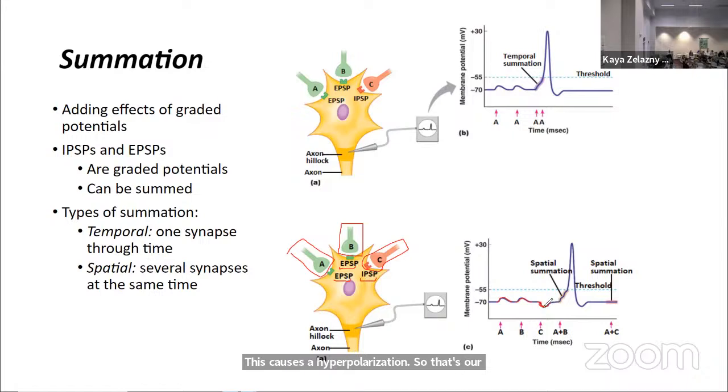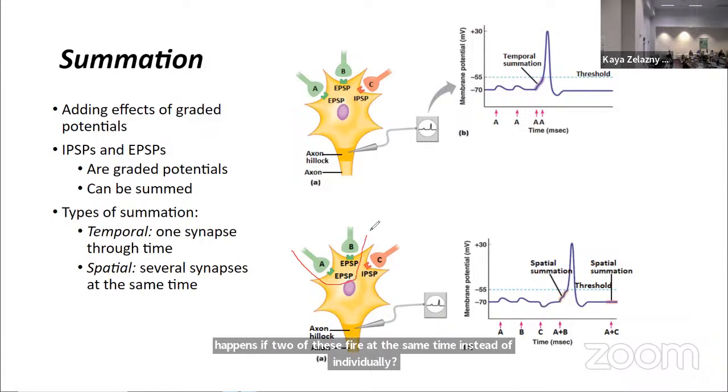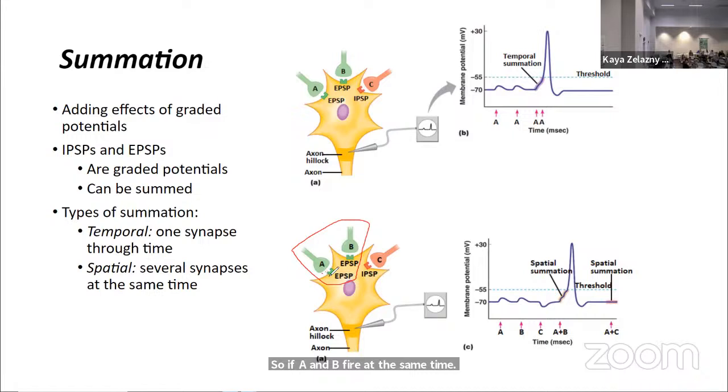Okay. So when we're thinking about spatial summation, we're thinking about what happens if 2 of these fire at the same time instead of individually. So if A and B fire at the same time, that means we're going to have neurotransmitter coming in over here, creating an excitatory postsynaptic potential.